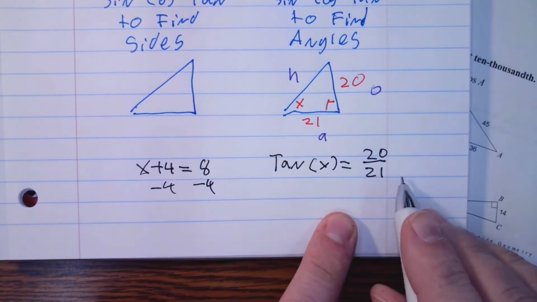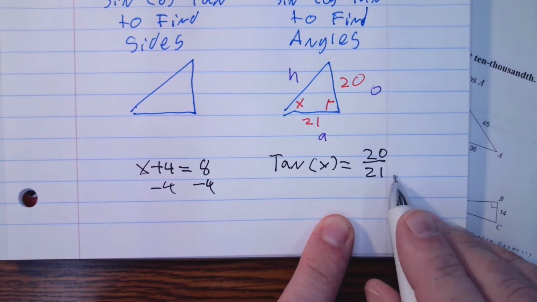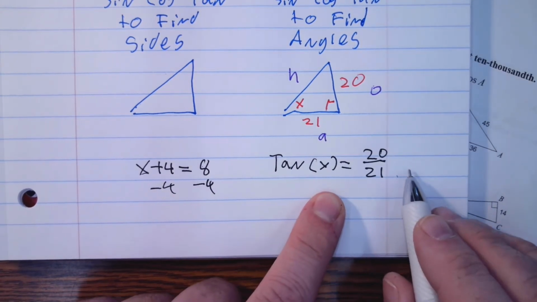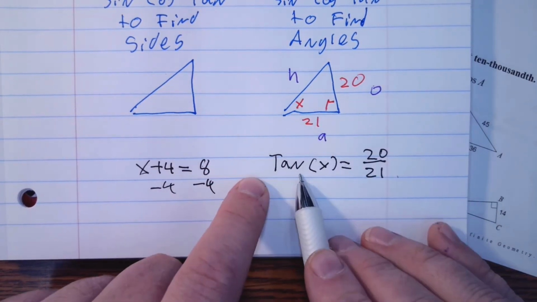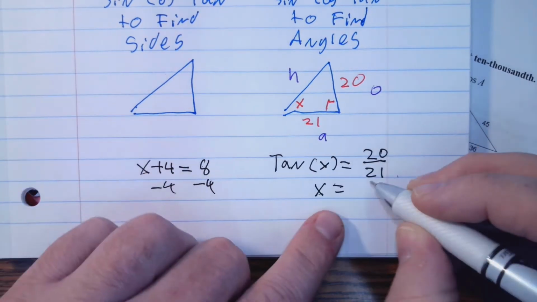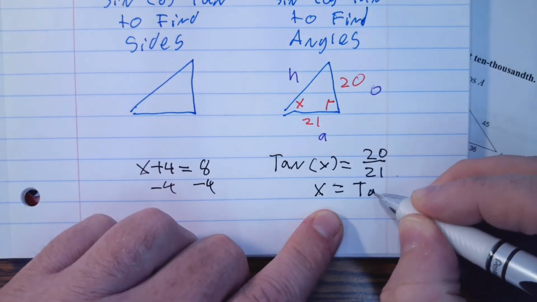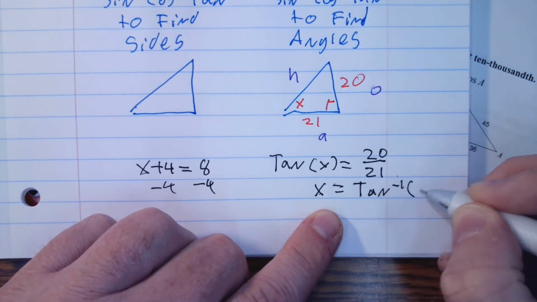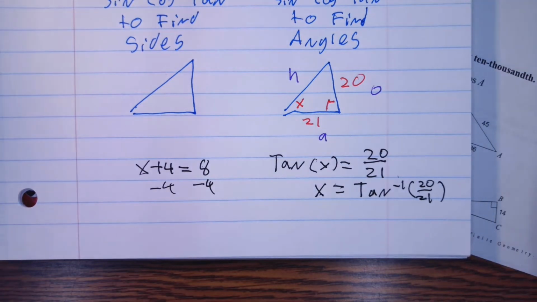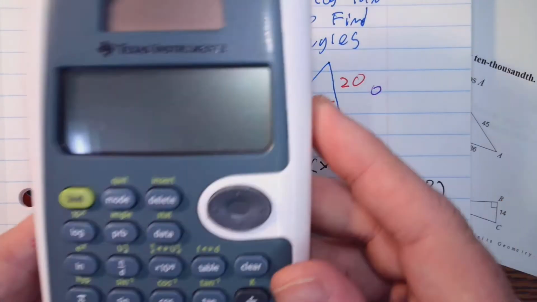So what I'm going to do here is do the inverse tangent to both sides. If I do the inverse tangent to this side, all of a sudden it's gone. And then I do the inverse tangent to this side, and there we go. Okay, how do you put that in the calculator? That's probably the question.